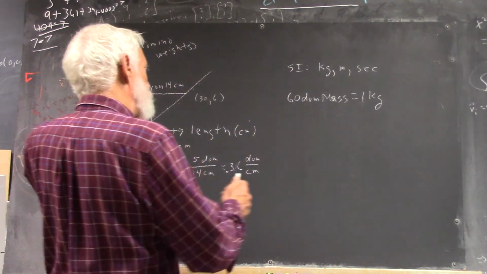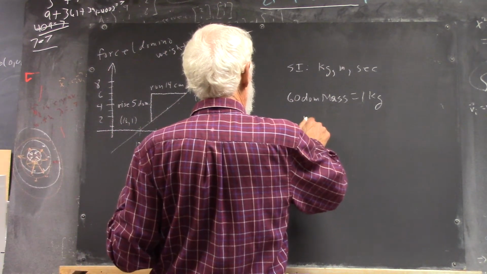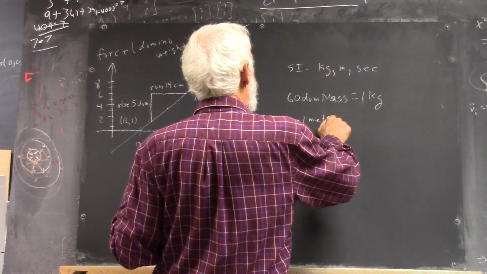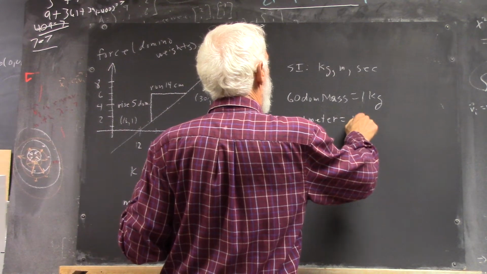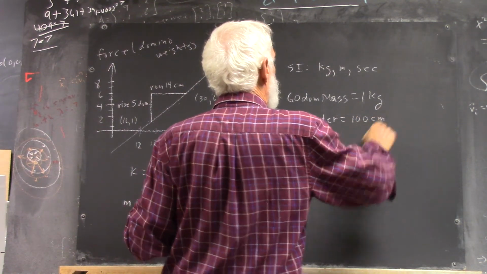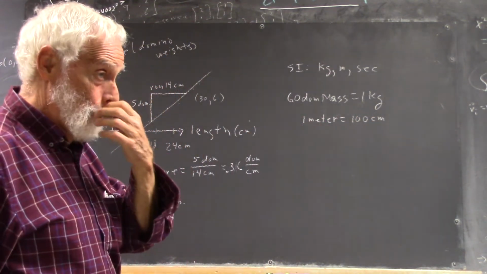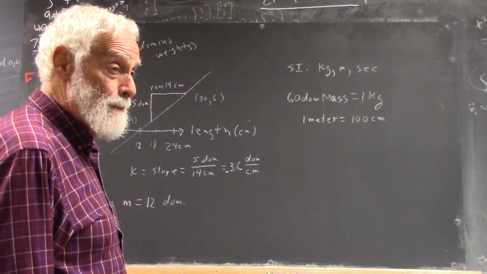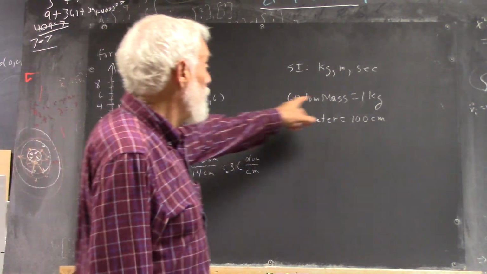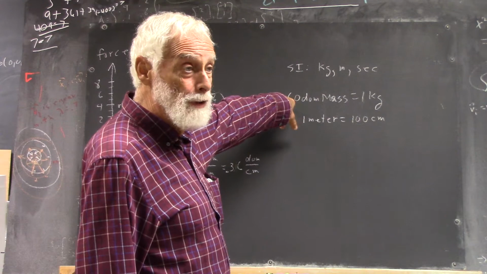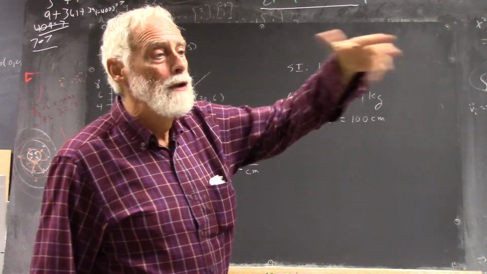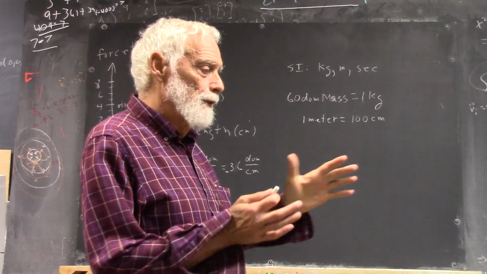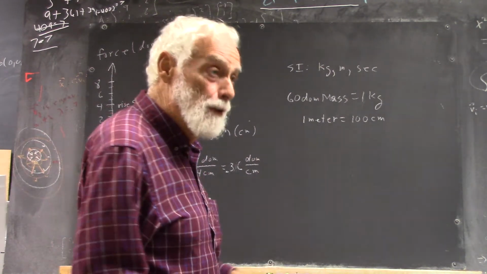And then, 1 meter equals 100 centimeters. Okay? Now when I say 60 domino masses is 1 kilogram, it's not very precise, but it's actually probably close on the average. The dominoes have a lot of uncertainty, and we want to deal with that.